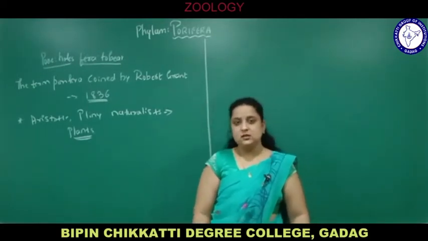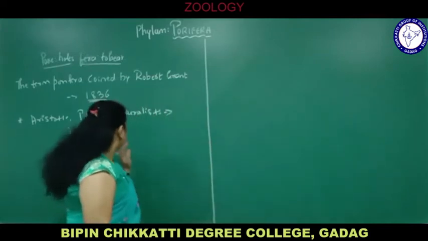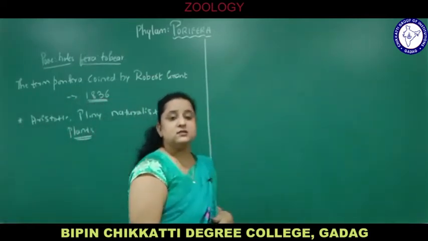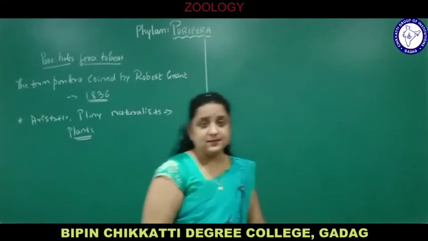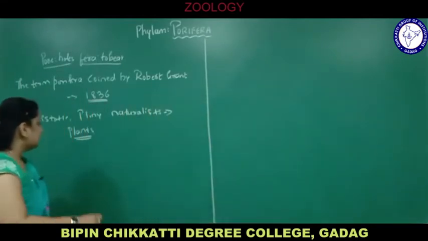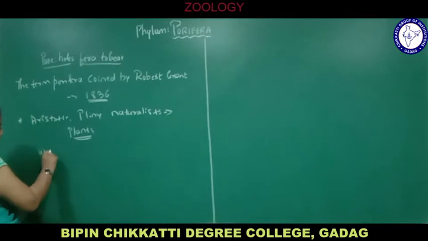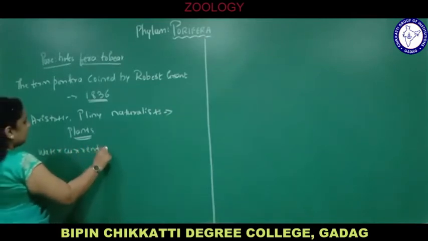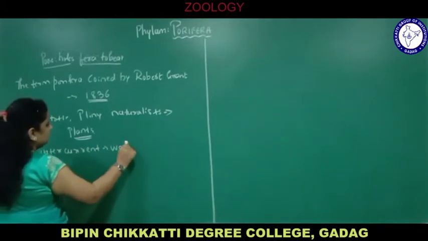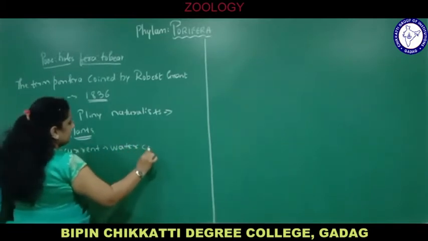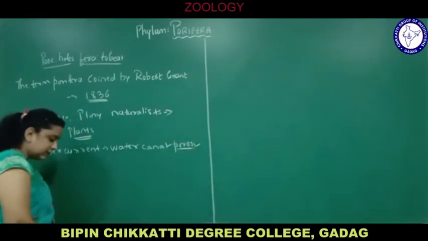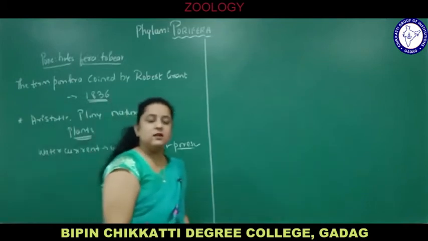But then they discovered the water currents, the water canals through these pores. Then they placed it into an invertebrate phylum called phylum Porifera.